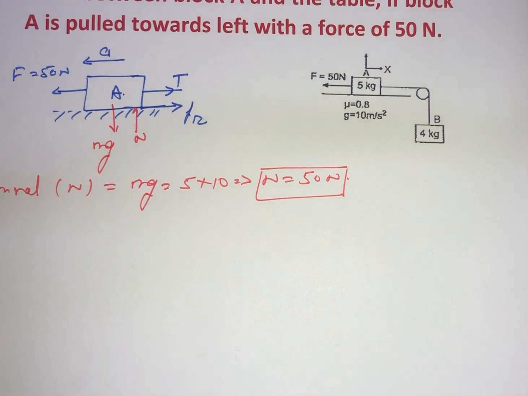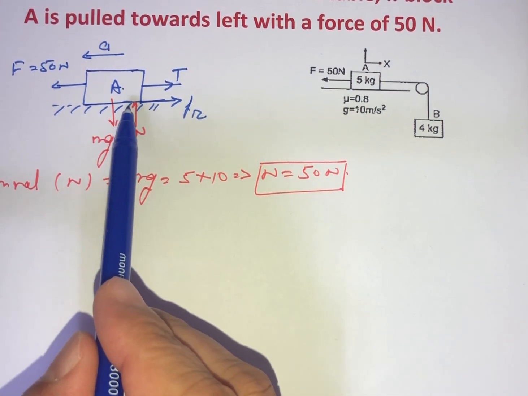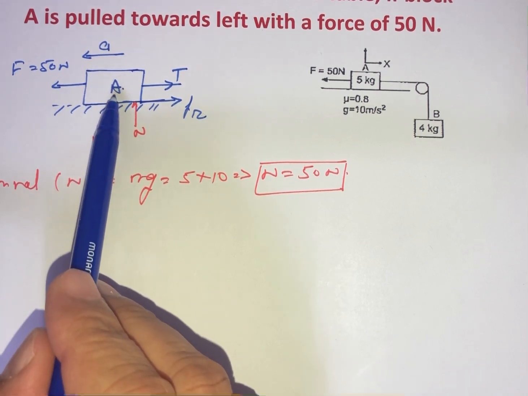Next, we find out the maximum value of the friction force if the body A tends to be in motion.